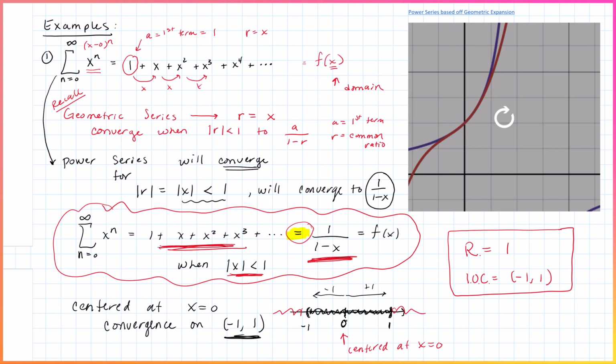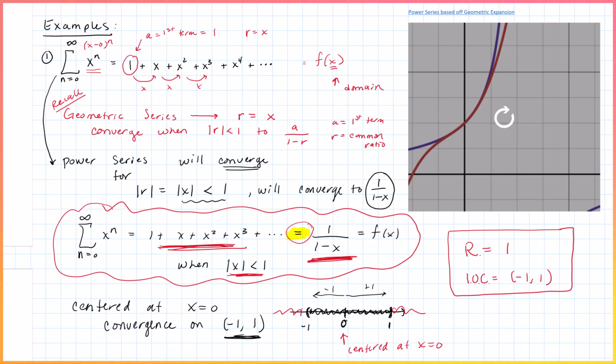We were able to get that by looking at that connection to the geometric series, and what we know from all of our work in the previous chapter on infinite series and geometric series. We knew that the geometric series would converge when the absolute value of that common ratio was less than 1. So we can see that right here. This is the case where the endpoints do not have convergence.